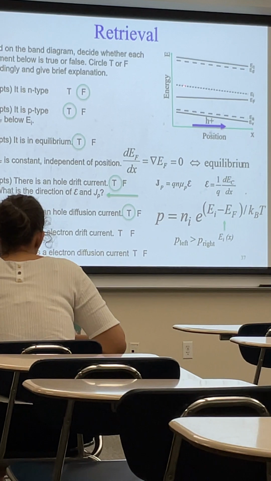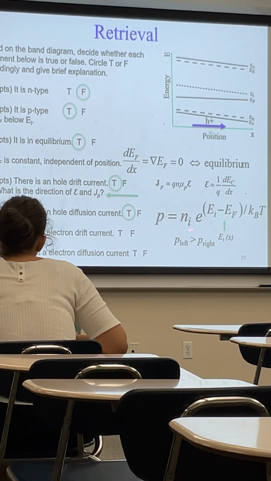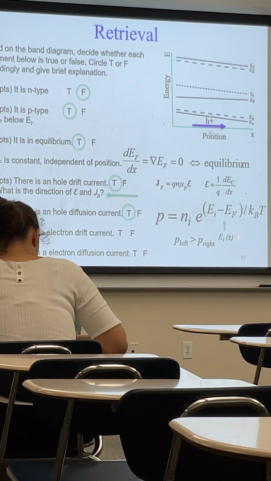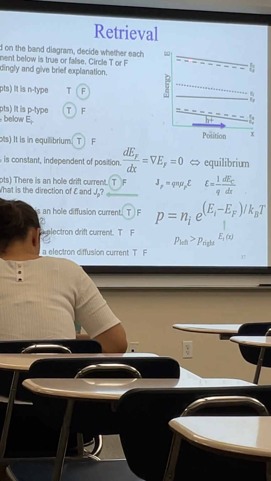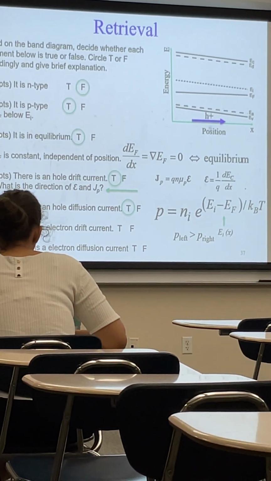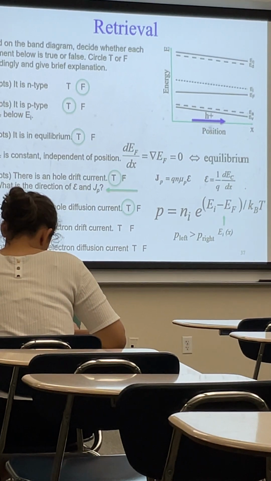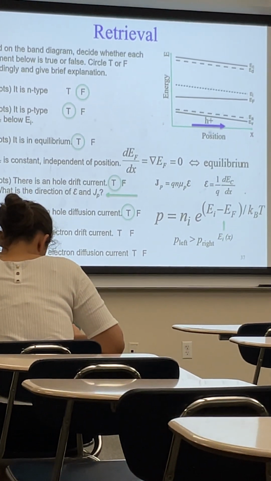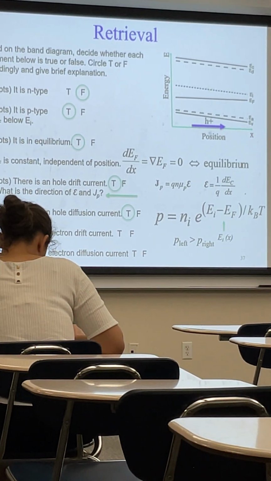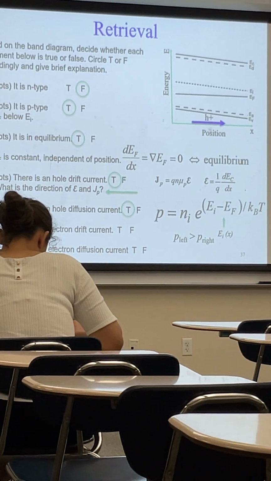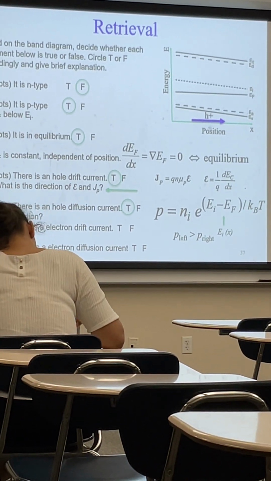EI minus EF is larger on the left side and smaller on the right side. Which means the hole concentration is higher on the left side. So the hole concentration is not uniform, there's a gradient, so there must be a hole diffusion current.